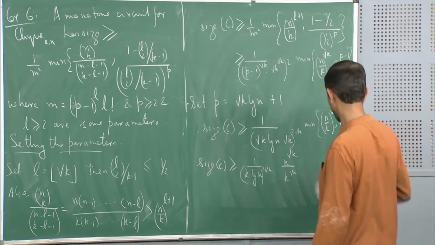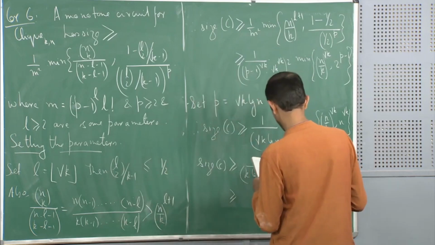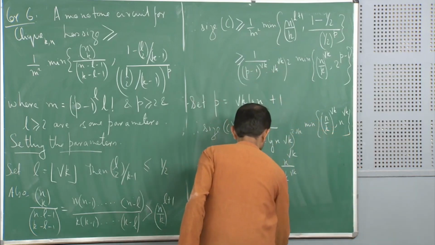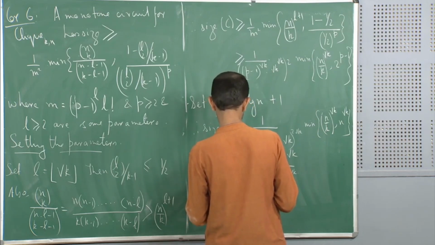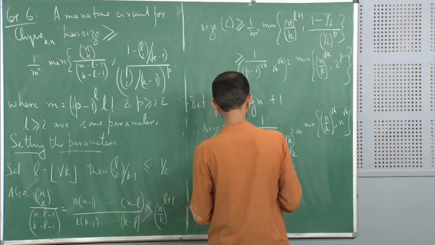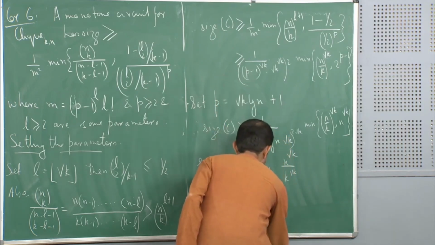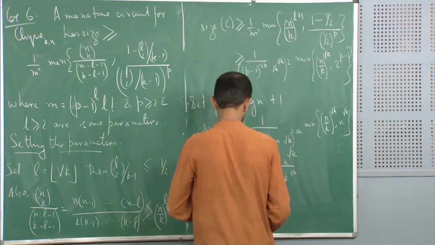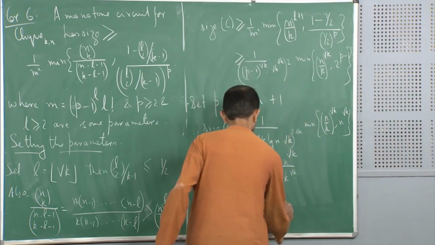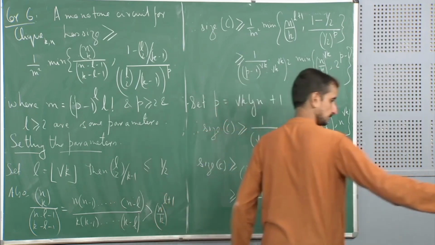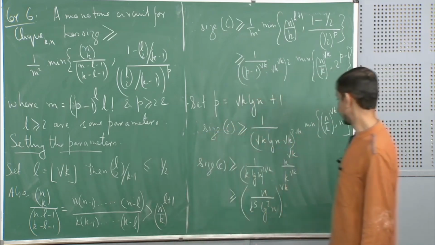Okay. Anyway, if you just simplify it, I'll write down the simplified expression. So actually n by k cube log square n, whole to the power root k.